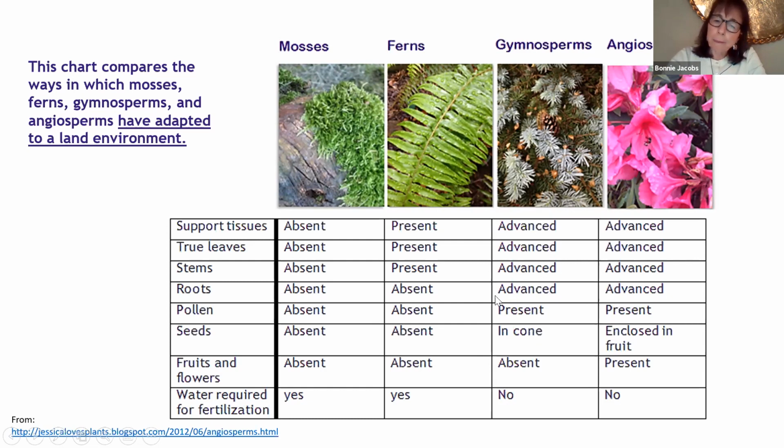Gymnosperms have pollen, and they also have seeds that occur in a cone. They don't have fruits and flowers, and they don't require water for fertilization, although gymnosperms tend to have what's called a pollination drop. So they produce a liquid that helps the sperm find the ovary for reproduction.